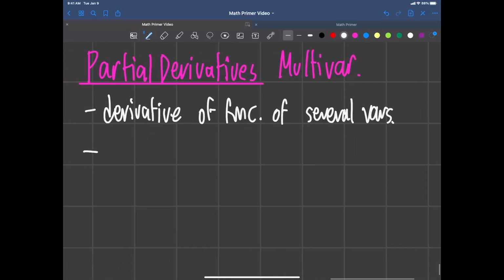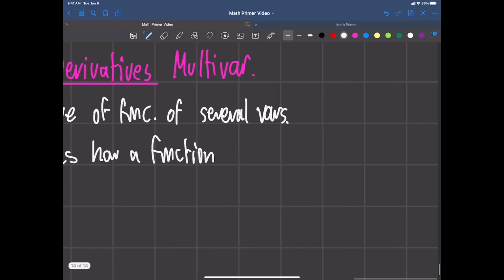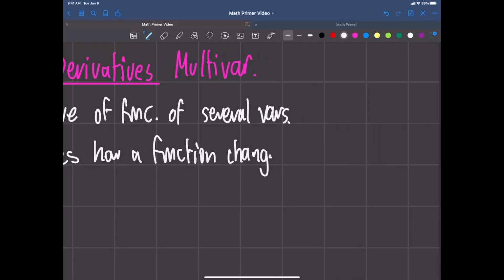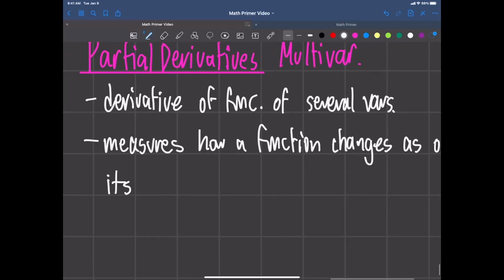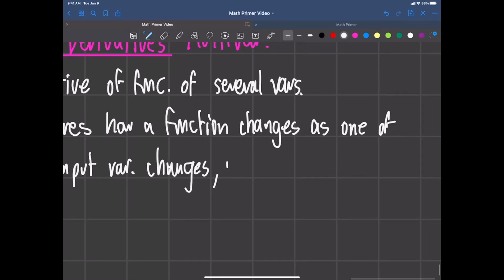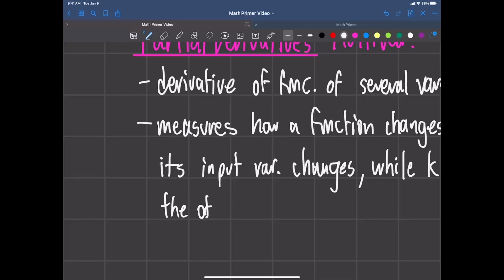It measures how a function changes as just one of its input variables changes, while keeping the other variables constant. We keep all the other variables constant.